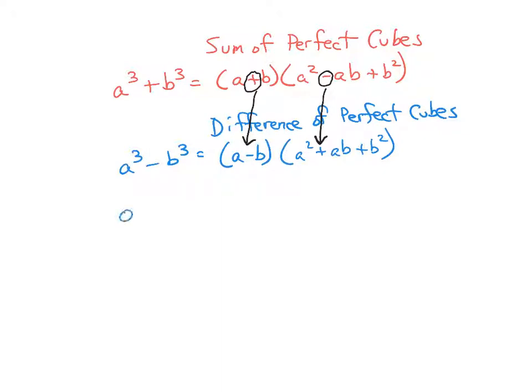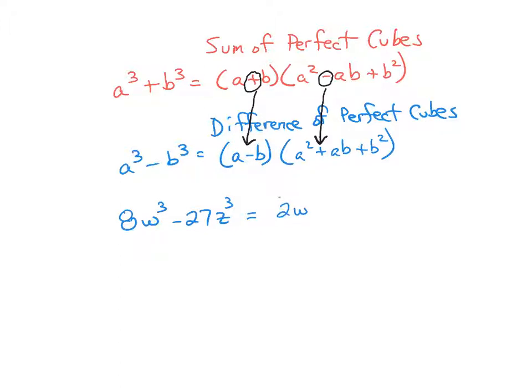If you are given 8w cubed minus 27z to the third, and I want to factor that, first of all, I do need to recognize it is a difference of perfect cubes, because 8 is a perfect cube and so is 27. So I'm going to rewrite it so it looks like perfect cubes.